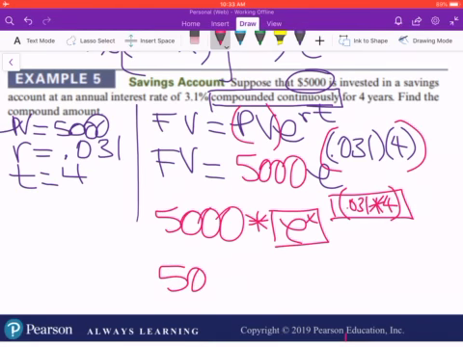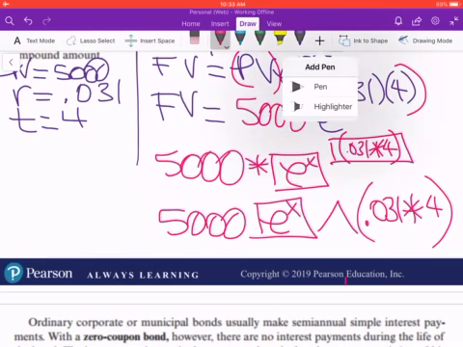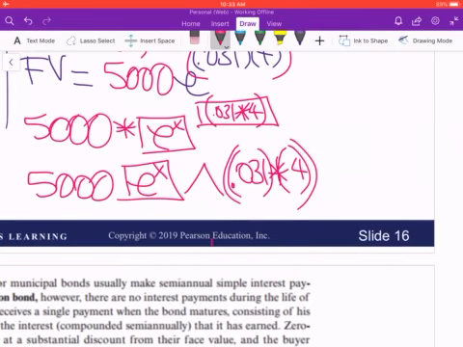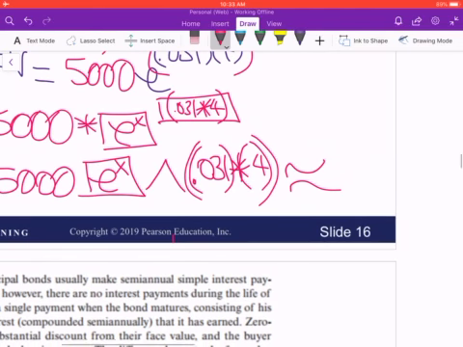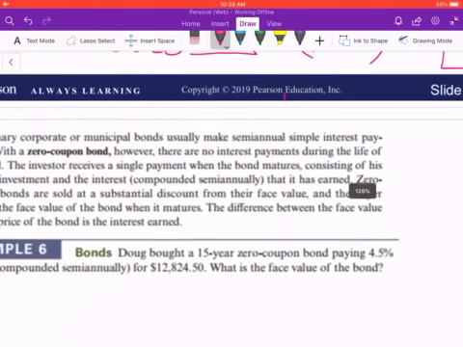Or if you don't get the exponent option after you press the key with E, then make sure you use the caret symbol, and then in parentheses you will enter 0.031 times 4 for 4 years. Or you may use a double parentheses as well. That will work out. So you could do that, and you're going to get an answer of approximately $5,660.08. And that is rounding to the nearest cent.